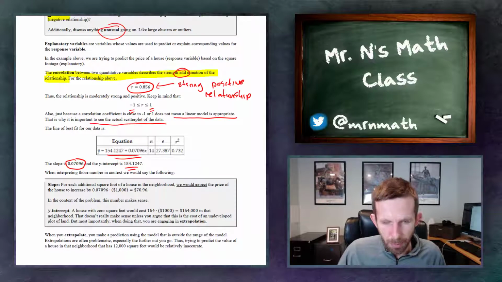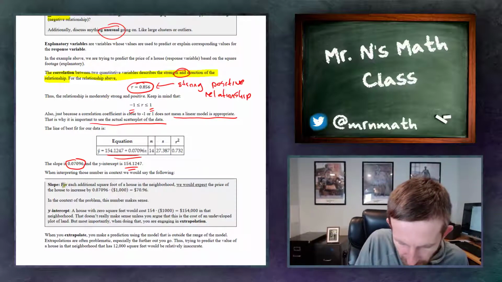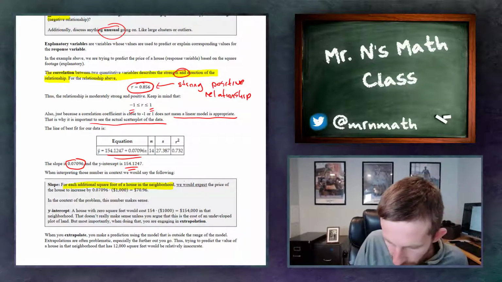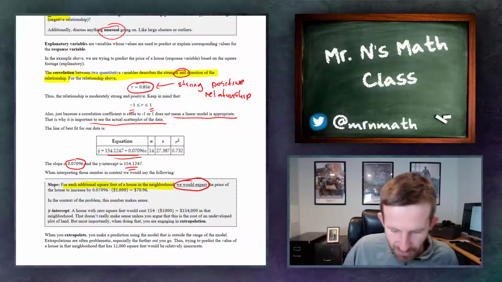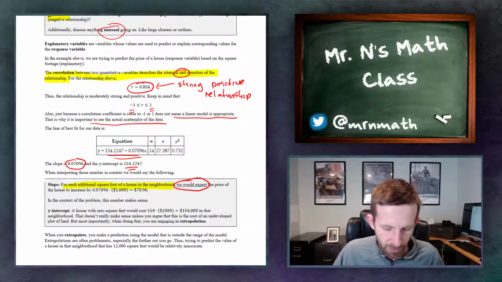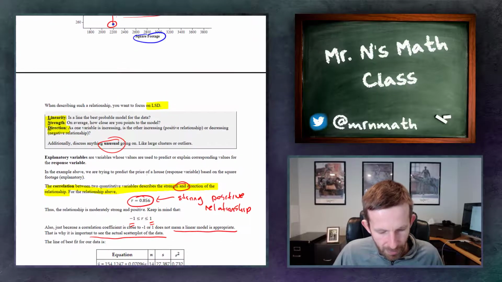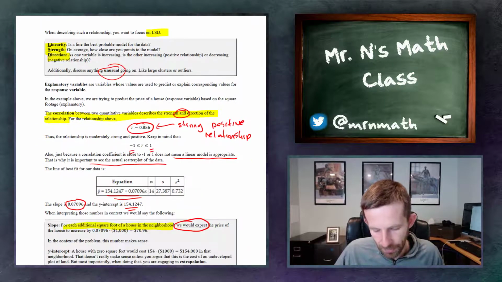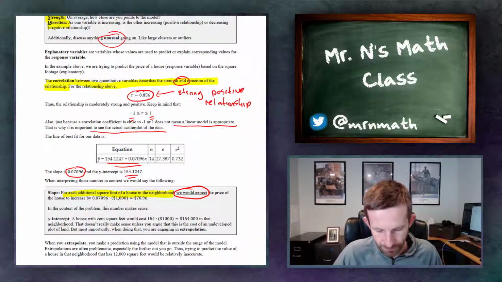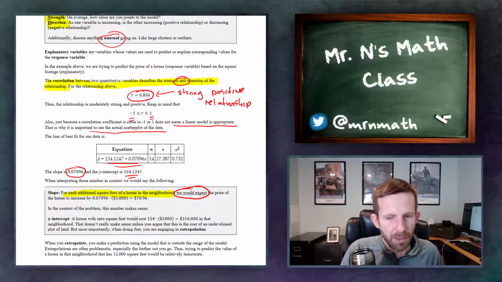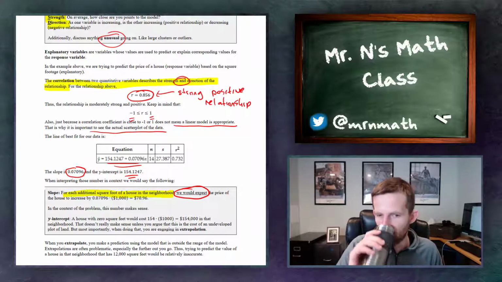So for slope, we would say for each additional square foot of house in the neighborhood, and this is important, we would expect the price of the house to increase by $70.96. So 0.07096, but this is in thousands. So when I multiply the two, I get $70.96. Now in the context of that problem, it makes sense. So you're basically paying like $71 for each additional square foot. So that makes sense.